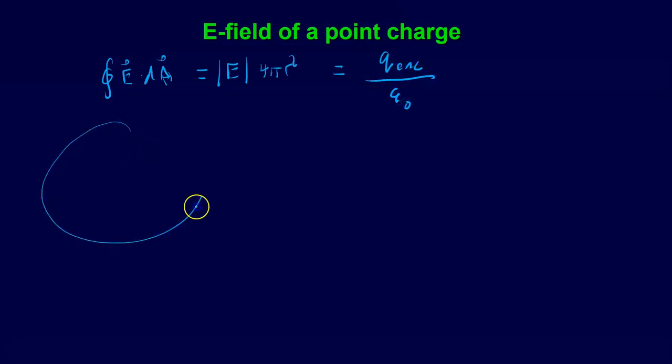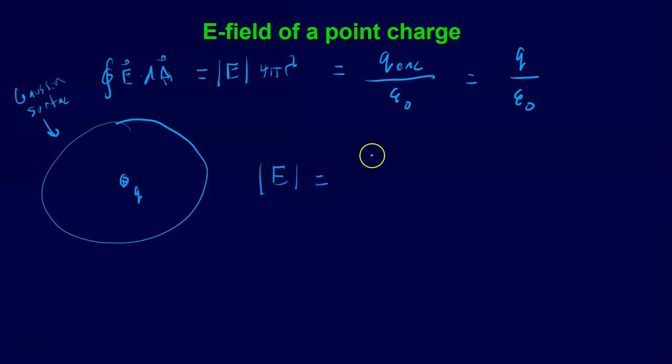And again, here's my Gaussian surface, and then I just had my little point charge in there. That's my Q. So my Q enclosed in this case is just going to be the point charge Q over epsilon naught. And then what I can do is solve for my magnitude of the electric field.